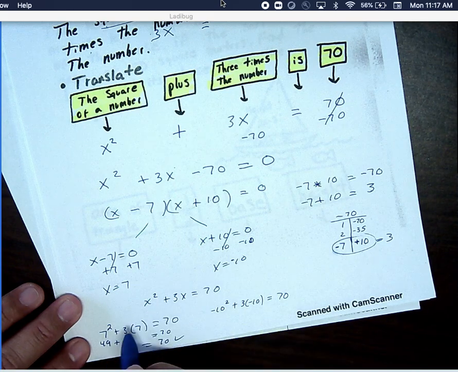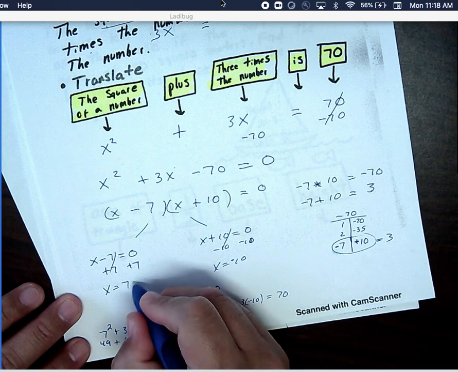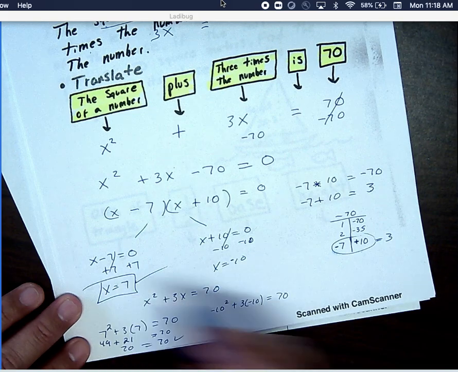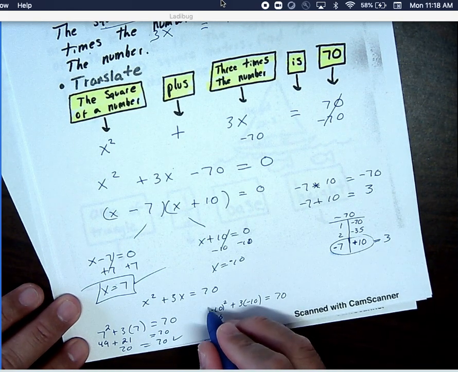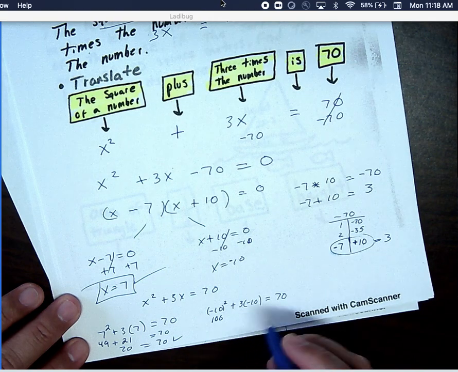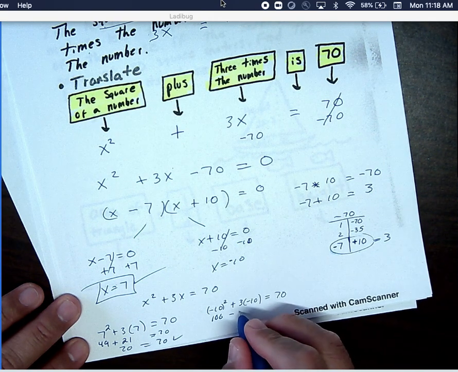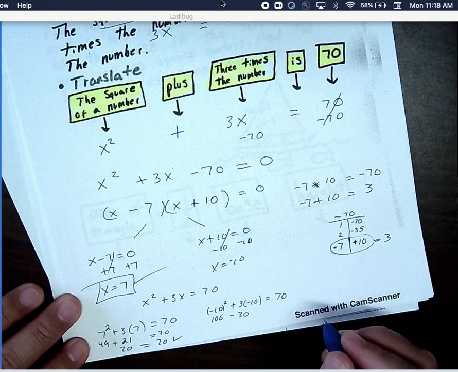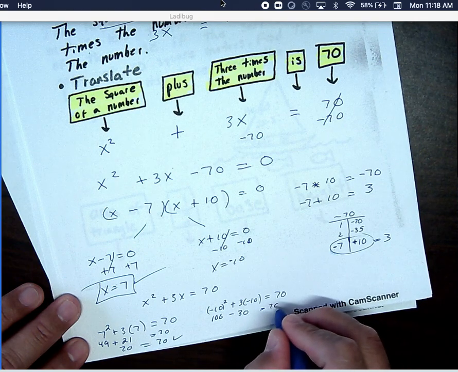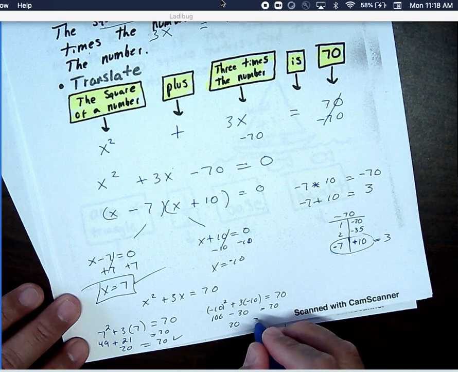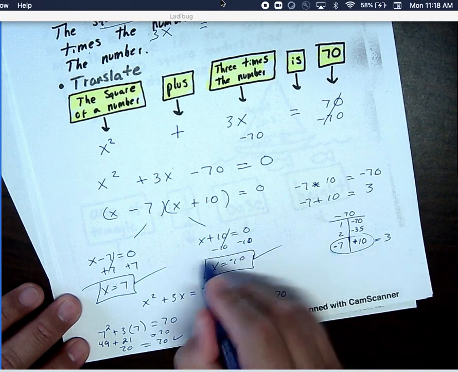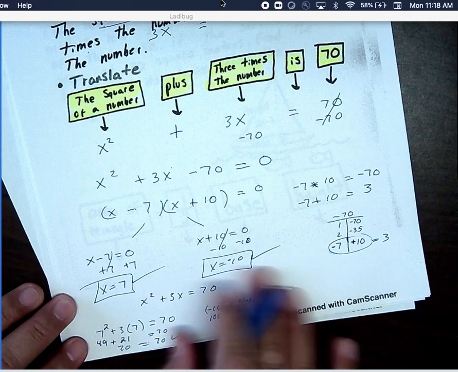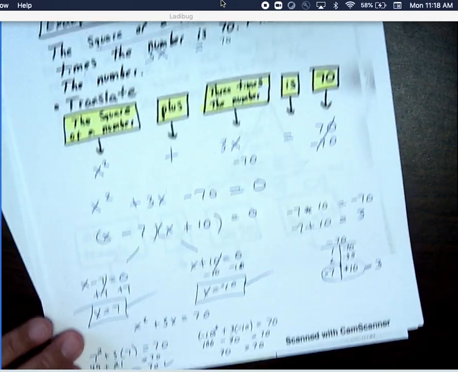So x equals 7 checks, so that would be one of the answers. Negative 10 squared, in parentheses, don't forget, would be 100 positive. Then 3 times negative 10 would be negative 30, right? So this would be 70 equals 70. So this one checked, so both of them are the answers. So these are the answers for this question.